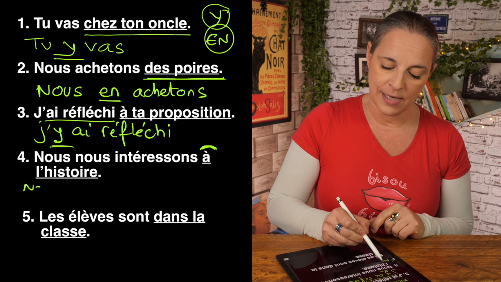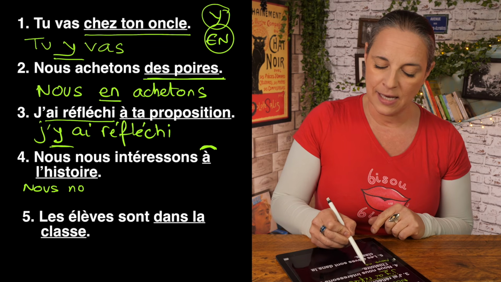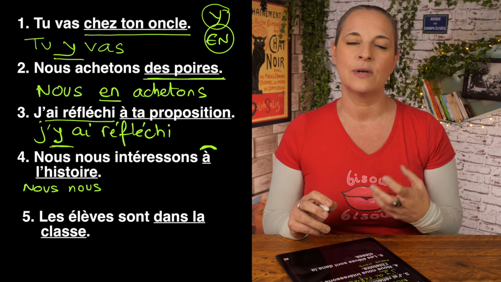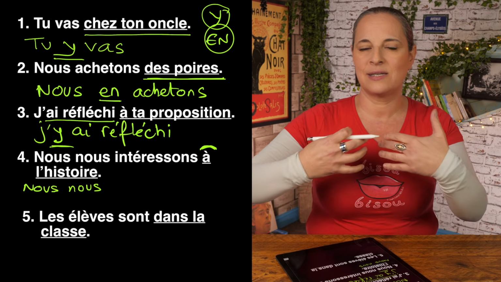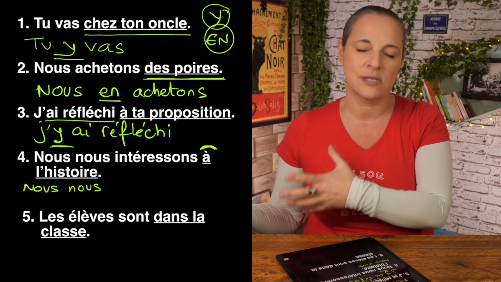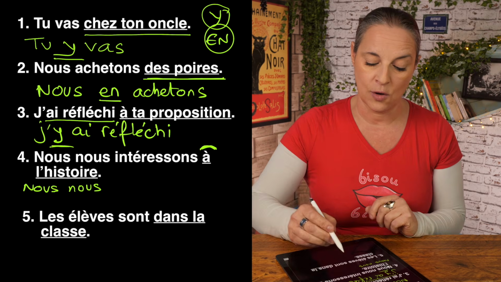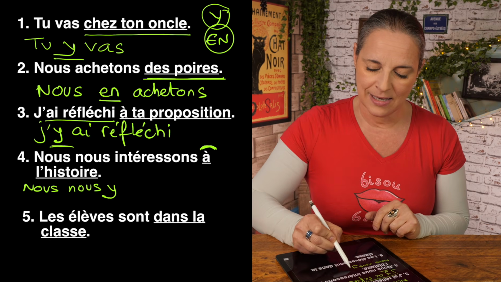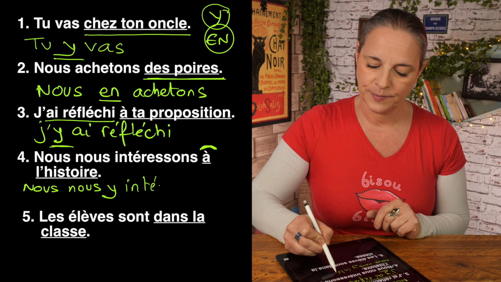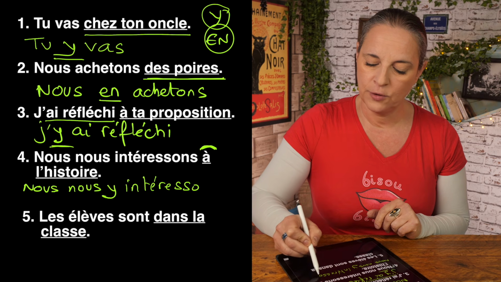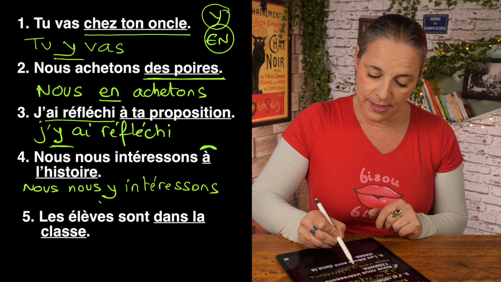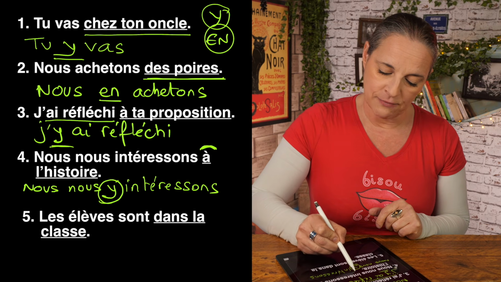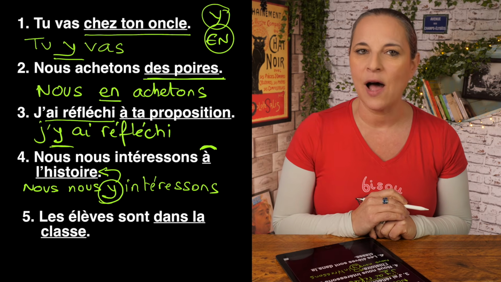Nous. And by the way, it has nous nous because obviously s'intéresser here is known as a reflexive verb. So s'intéresser, we are interested to ourselves about something, if that makes sense. So nous nous y intéressons. So what we've done is that y is replacing à l'histoire.